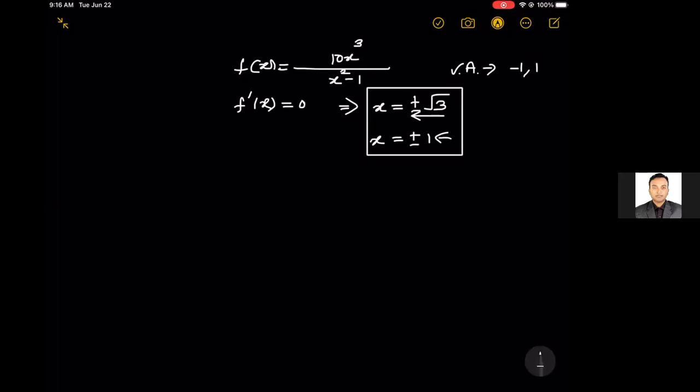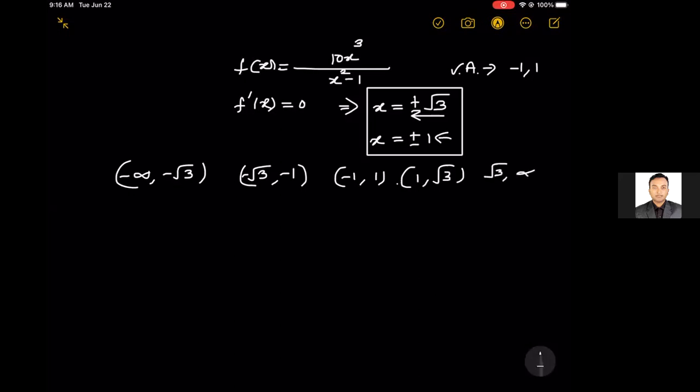Okay, now for the intervals, if you remember, we subdivided it using these points, right? Let me rewrite it quickly. -infinity to -square root of 3, -square root of 3 to -1, -1 to 1, 1 to square root of 3, and square root of 3 to positive infinity.